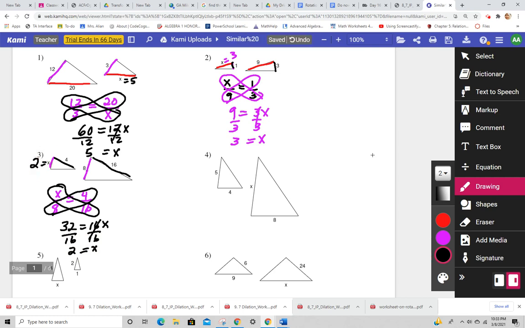All right, let's try another one. So this side here corresponds with this side here. So that's 5 to x is equal to the ratio of these two corresponding sides, 4 to 8.